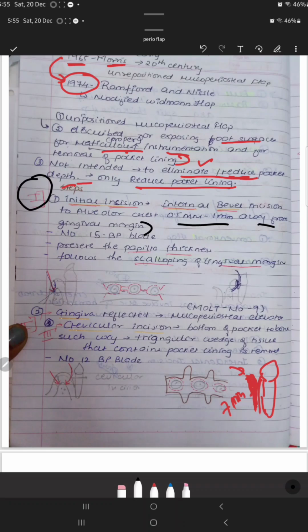For example, this is the tooth, this is the bone, and this is the gingiva. So the internal bevel incision is given in this direction along the alveolar crest, 0.5 to 1 mm from the margin.